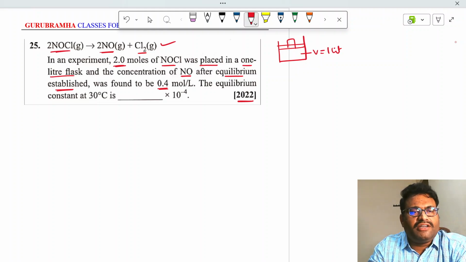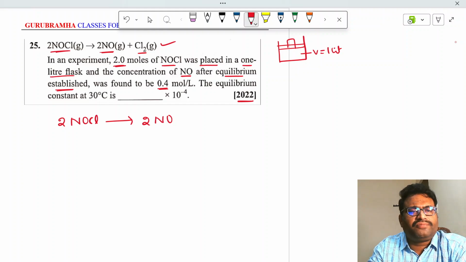So let us go with the equation. Given equation: 2 NOCl gives rise to 2 NO plus Cl2.